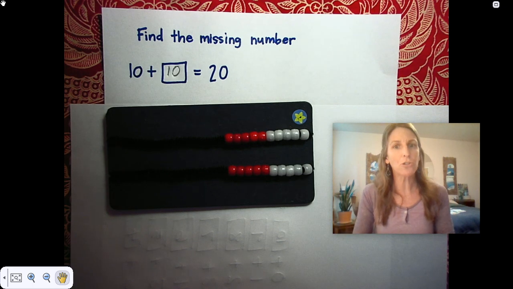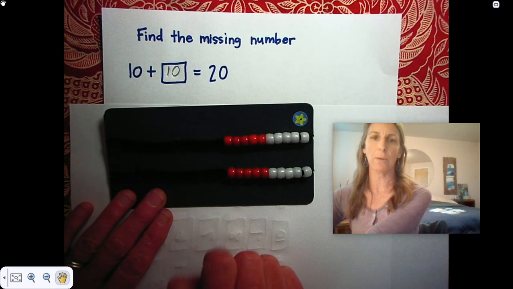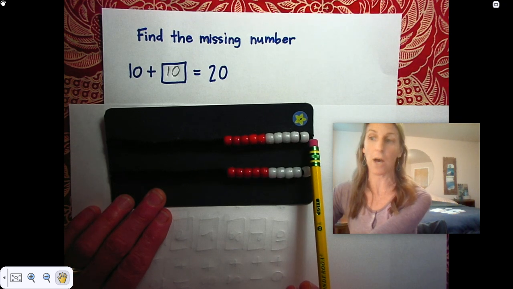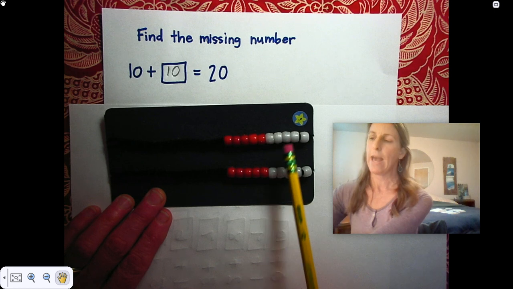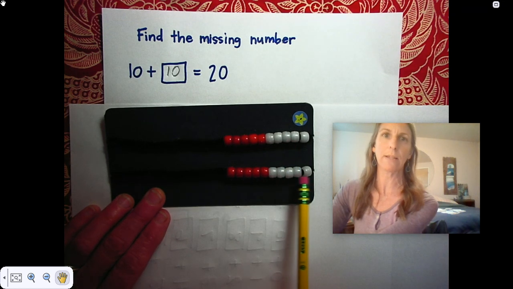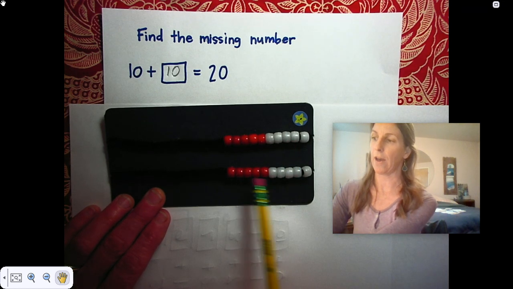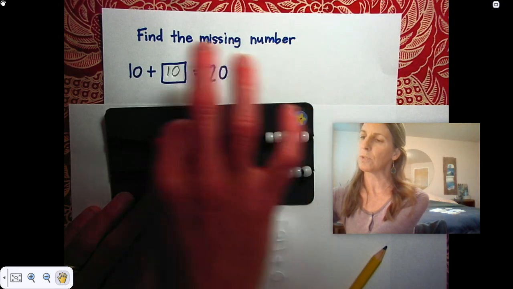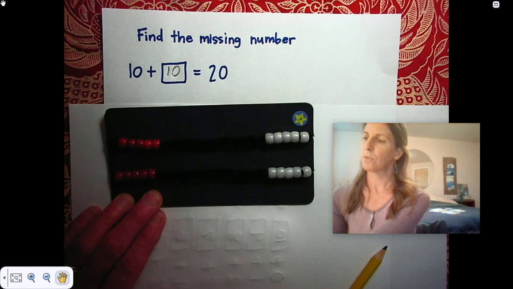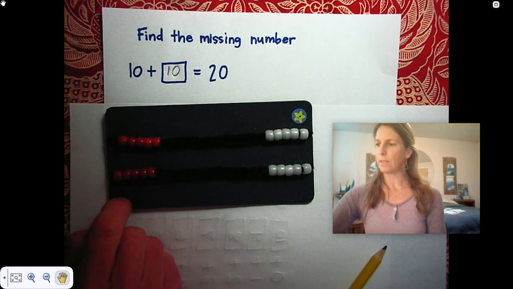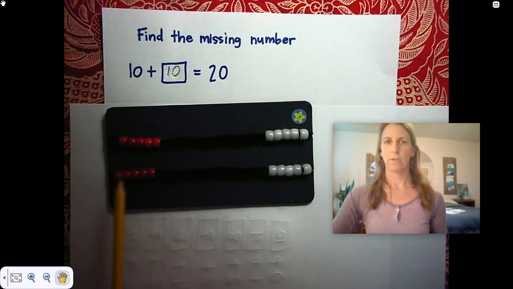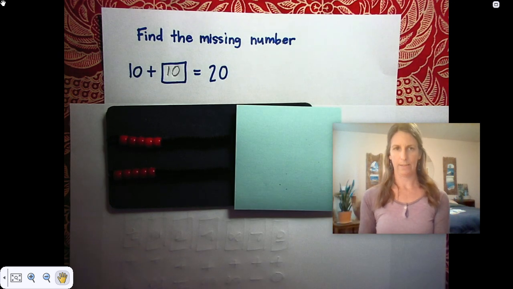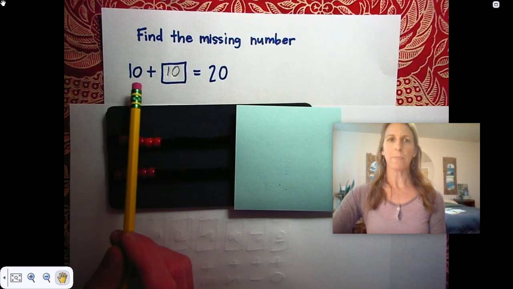And let me just show you. So here's our number rack. We've got our 10 beads on the top, 5 plus 5, and our 10 beads on the bottom, another 5 plus 5. Now, if I were to scoot these 10 over and then cover those guys up, it would be something similar to this.